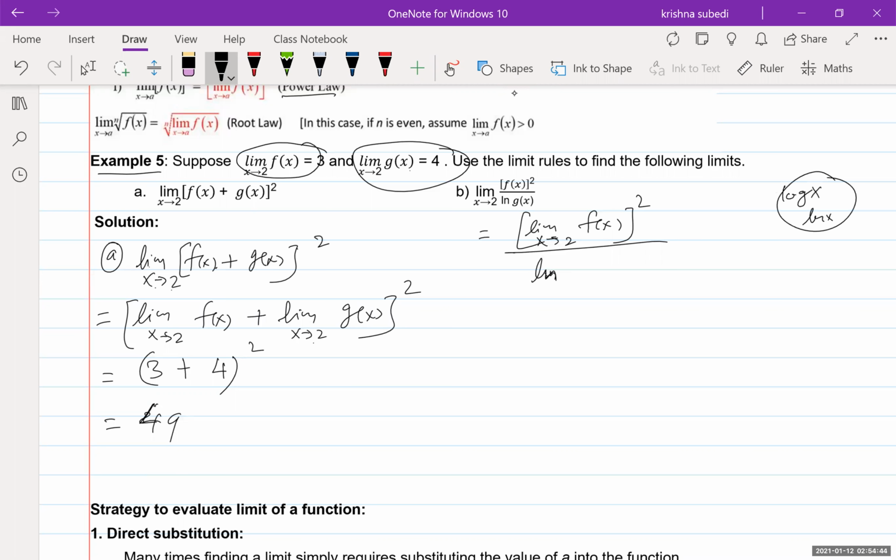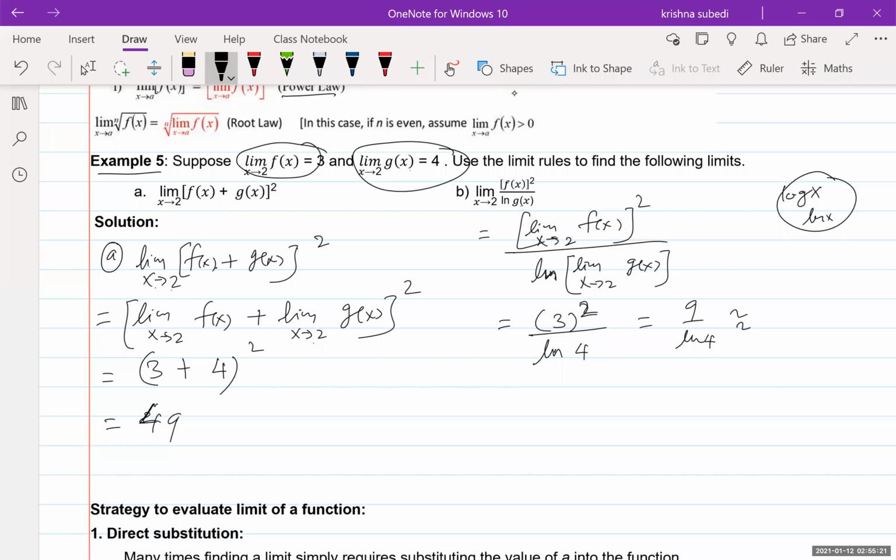So this is natural logarithm. So limit x tends to 2 of g of x. We can put that limit with the function g of x. Now you can plug in the values. Limit x tends to 2 of f of x, we already know that is 3 squared. And then the bottom part is ln, and this guy inside is 4. So your answer is 9 over ln 4. If you want to simplify it using a calculator, then you can tell me the answer. Otherwise, you can just leave it like that. You don't have to change it.